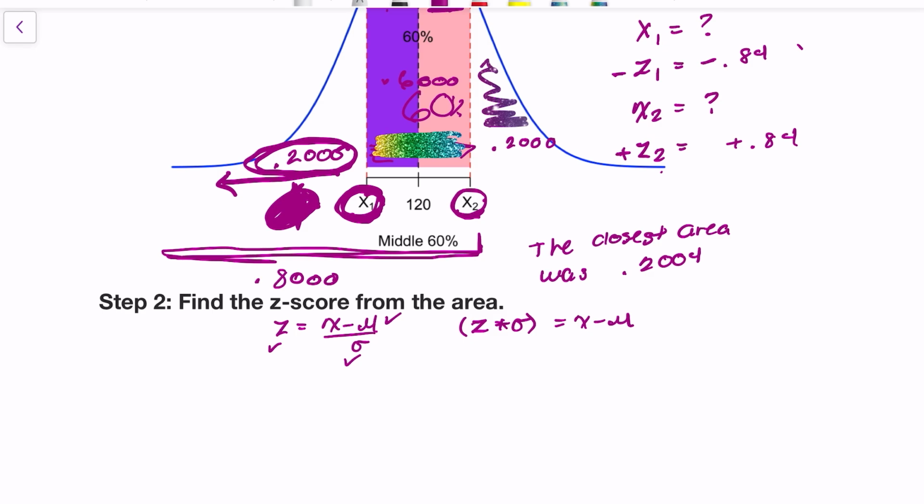Then I am going to add mu to both sides. So that's going to be mu plus z times sigma is x. So that's my formula this time. Let me write it here.